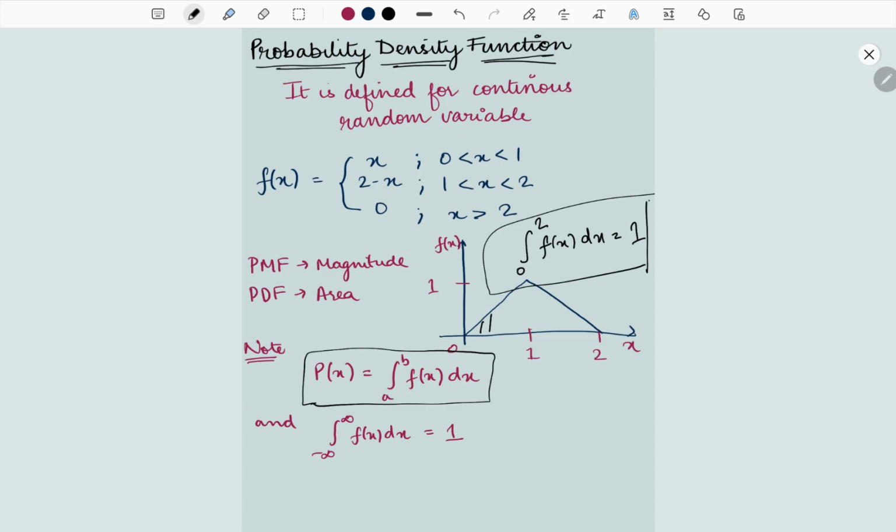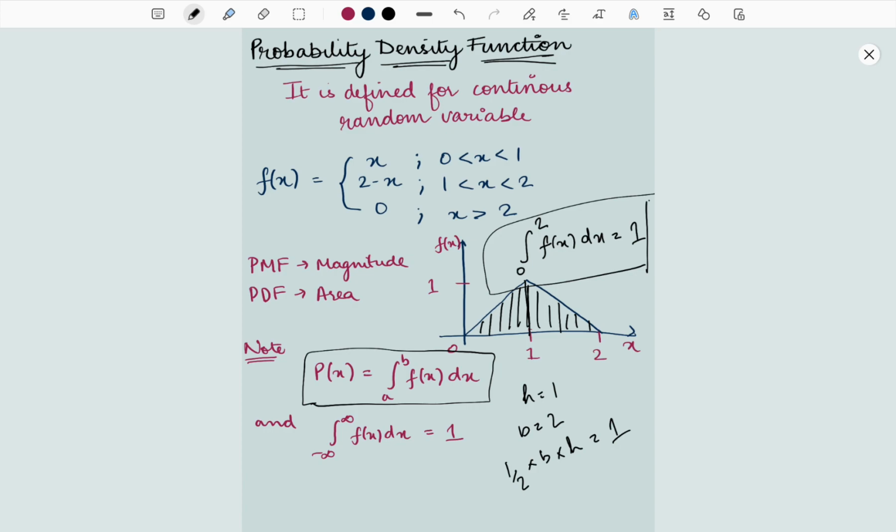So this total area will be equal to 1. Or you can just use the geometry. The height of the triangle is 1, h equals 1, base is equal to 2, so the area of the triangle is half into base into height, which is equal to 1. Simple.